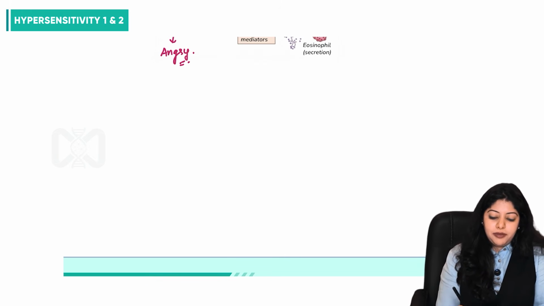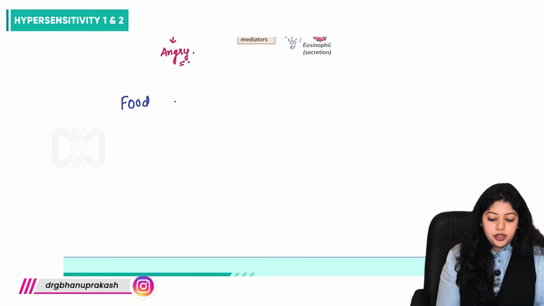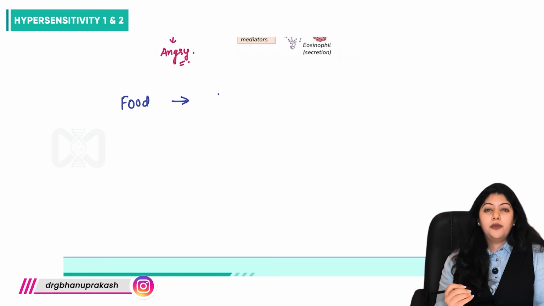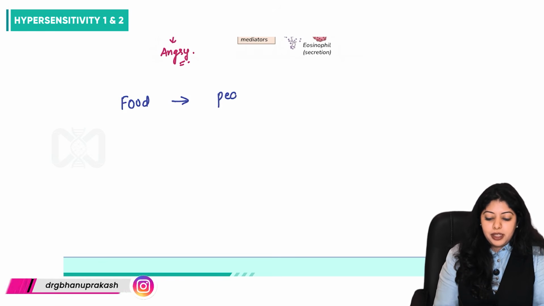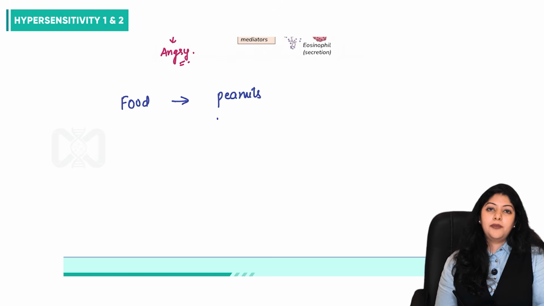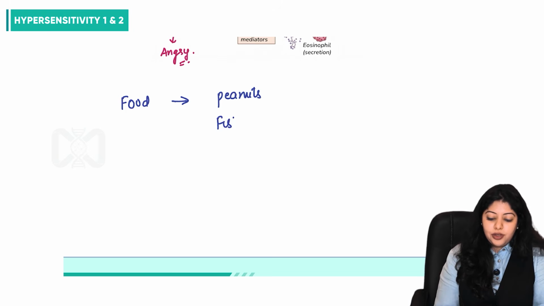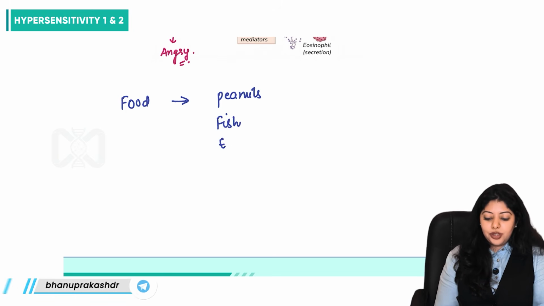So firstly, when we talk about food allergies, food items which are very, very commonly associated with type 1 hypersensitivity: we have peanuts, any form of nuts, right? Fish. Some people have egg allergy. Then certain pollens.